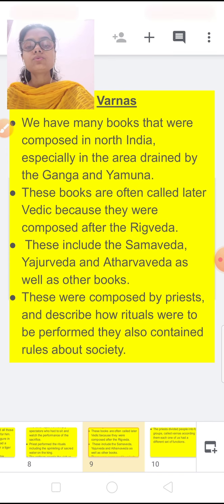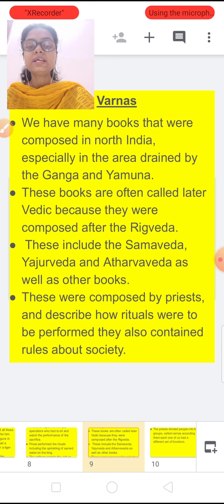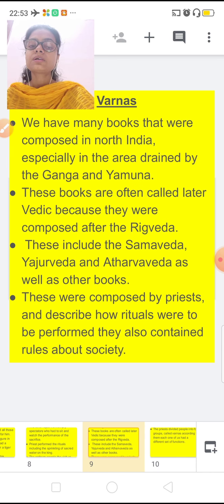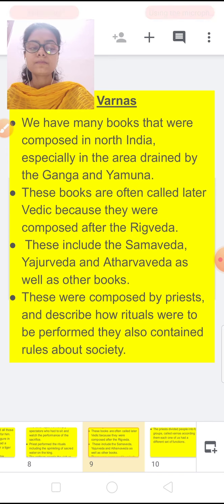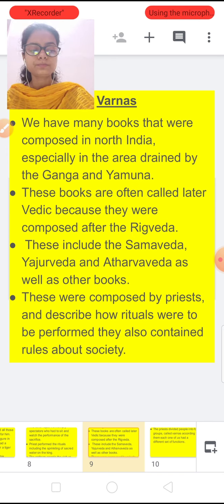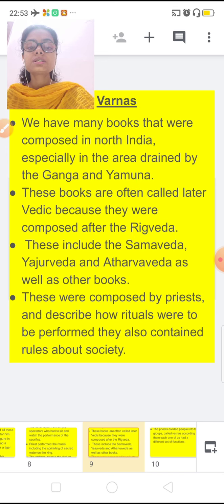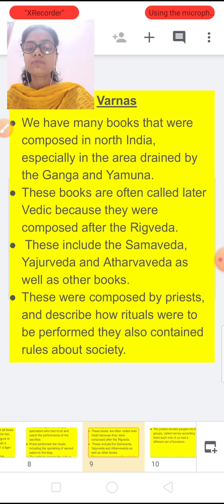These books are often called later Vedic because they were composed after the Rig Veda. In our last chapter, we came to know that the Rig Veda was composed around 3000 years ago, and these books include Samaveda, Yajurveda and Atharvaveda.